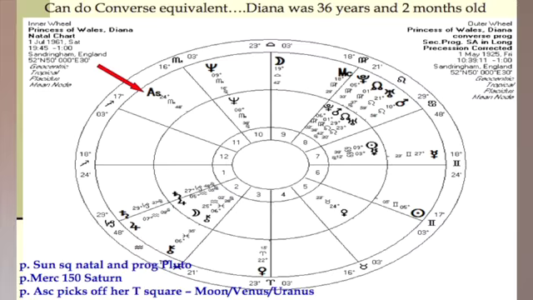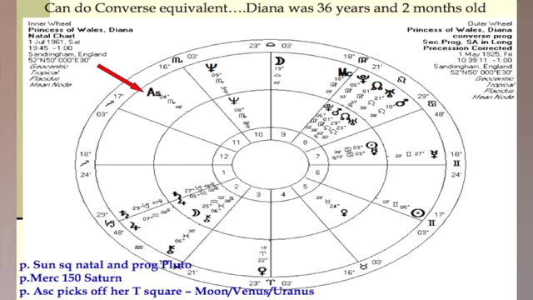So Diana was 36 years and 2 months old, and I've progressed her chart backwards, which takes us to the 1st of May 1925. In other words, 36 years and 2 months and however many days before she was born. And if you do that, you'll see that the sun will have gone backwards, of course, 36 degrees odd. The sun here, in the 6th house, is at 5:05 of Gemini, squaring the Pluto. 1 degree off, but within a degree, sun square Pluto.